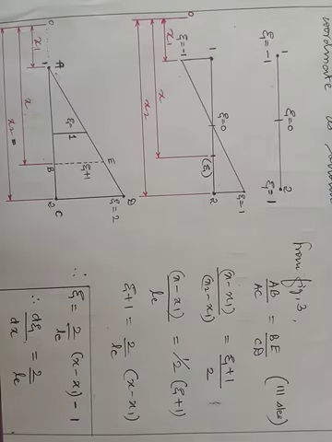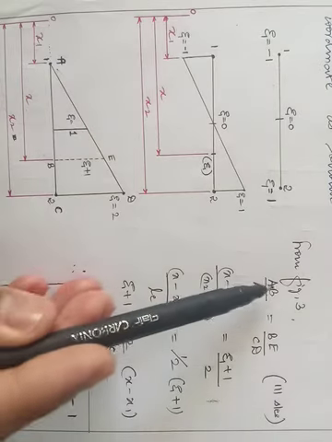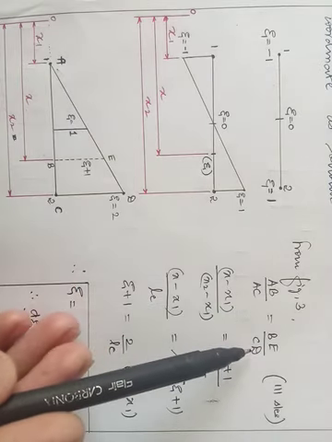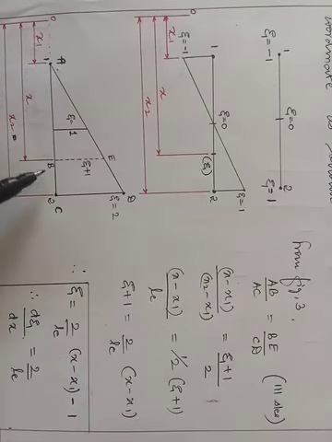Every one of us has studied the concept of similar triangles in school. I am using the same concept here. From the concept of similar triangles, from figure number 3, AB divided by AC is equal to BE divided by CD. Now what is AB? AB is given by x minus x1.